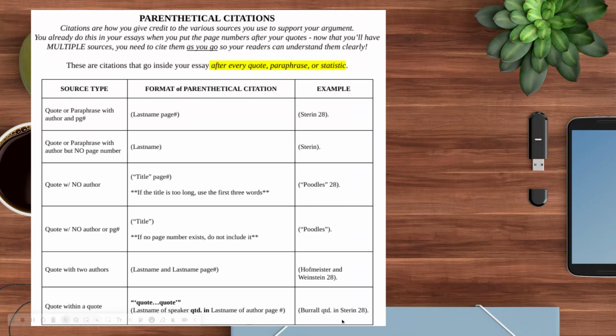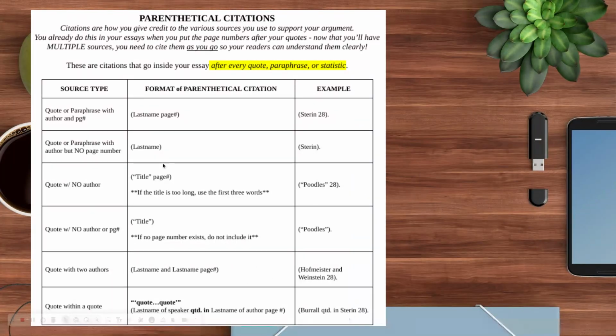So for example, and you use this QTD period, right, to abbreviate quoted. So Burrell quoted in Sterin 28. Right? Sterin is the author of the article that you found, but they are quoting this person, Burrell. Right? That's why it says Burrell quoted in Sterin.